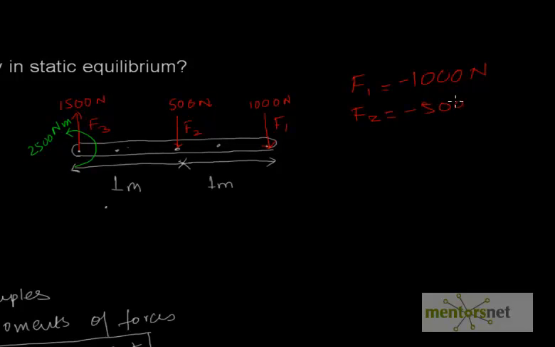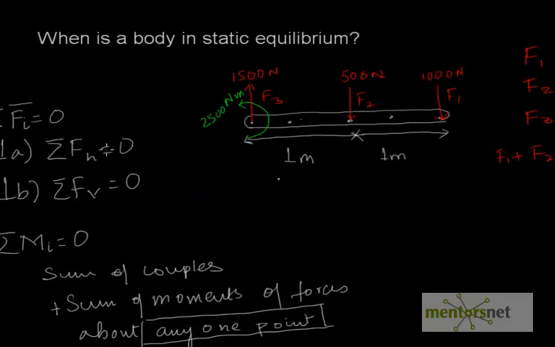F2 is equal to minus 500 newtons. These minus signs are because the downward direction is negative. And finally F3, which is in the upward direction, is equal to plus 1500 newtons. So by a simple addition, we can see that F1 plus F2 plus F3 is equal to 0.